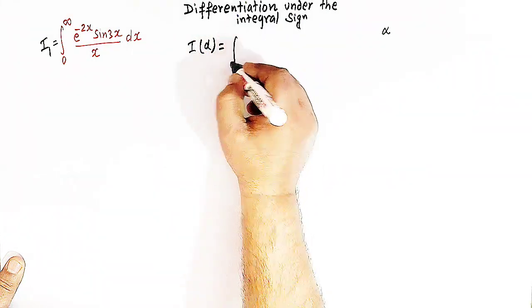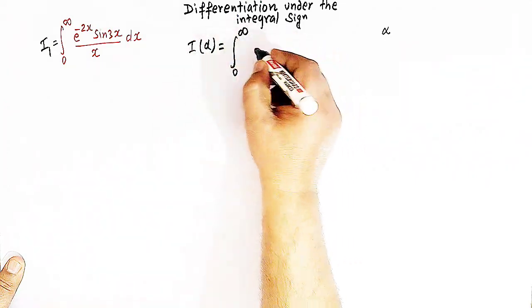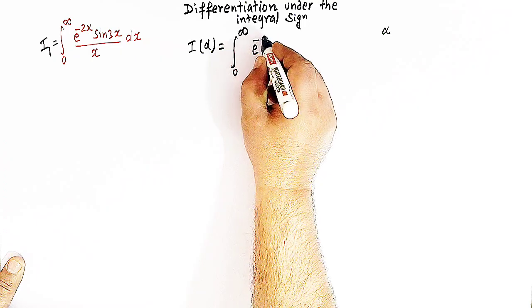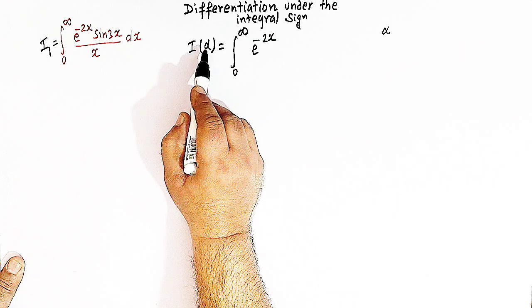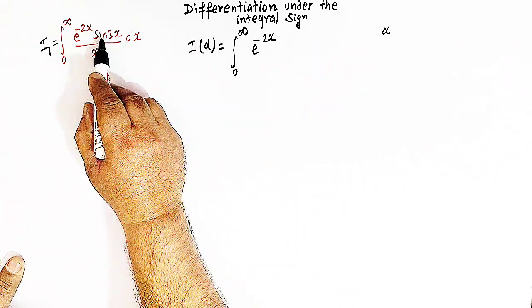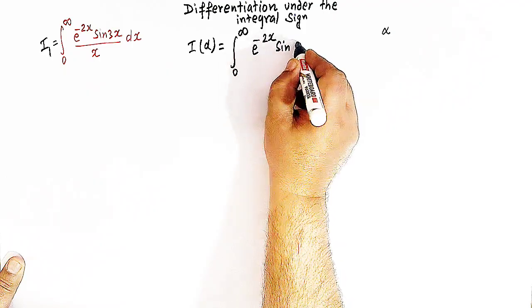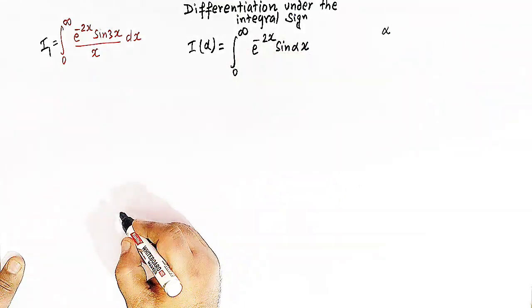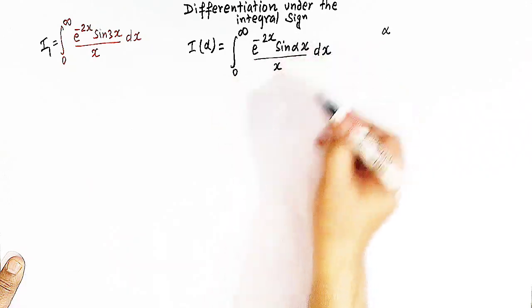So we can now write I of alpha is equal to 0 to infinity e raised to minus 2x, and let us introduce the parameter alpha in the sine function, right? So we have sine of alpha x, right? And here we have x and dx, right?